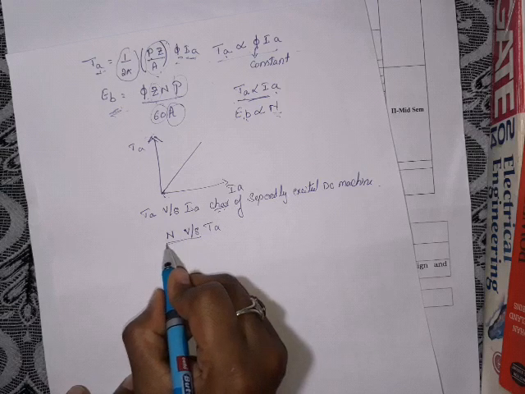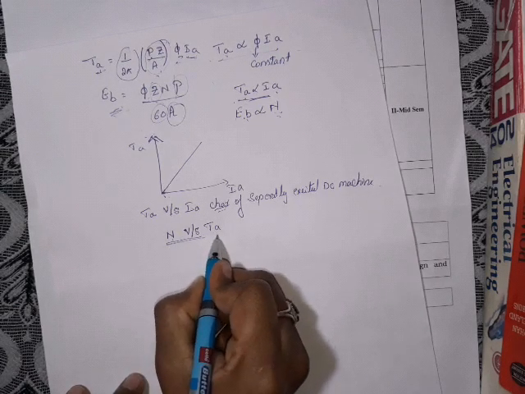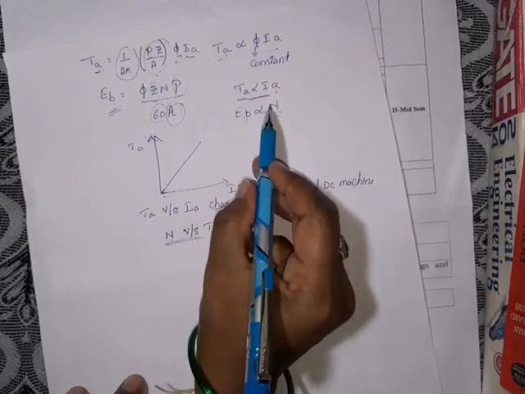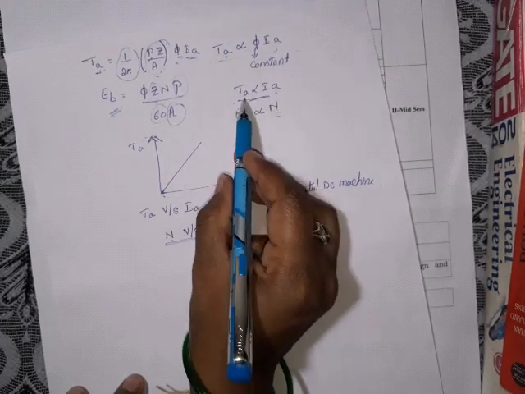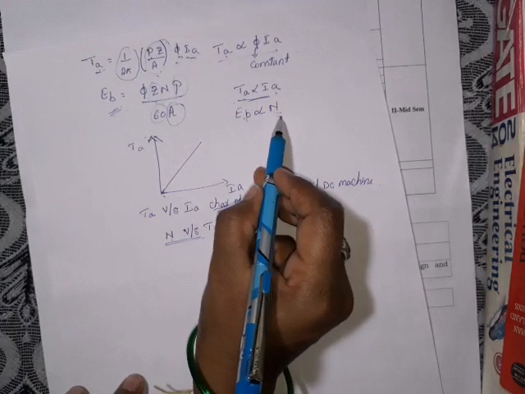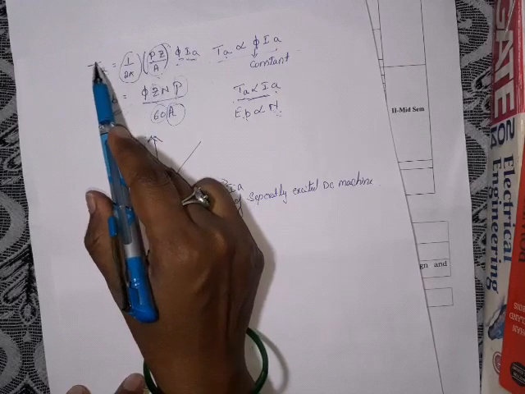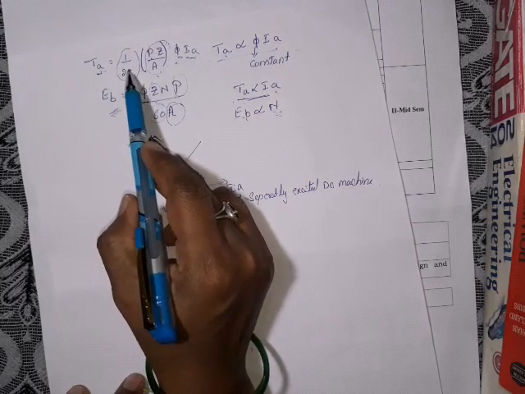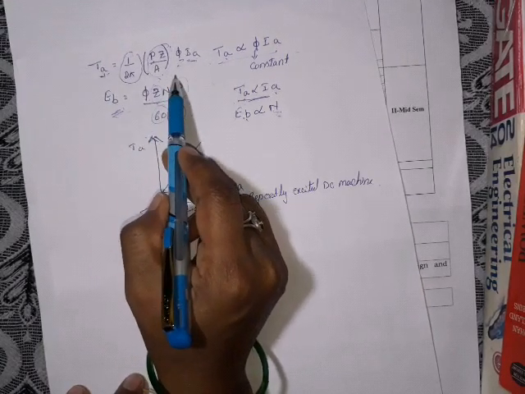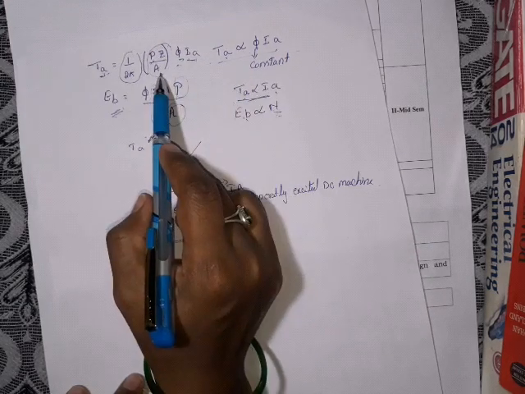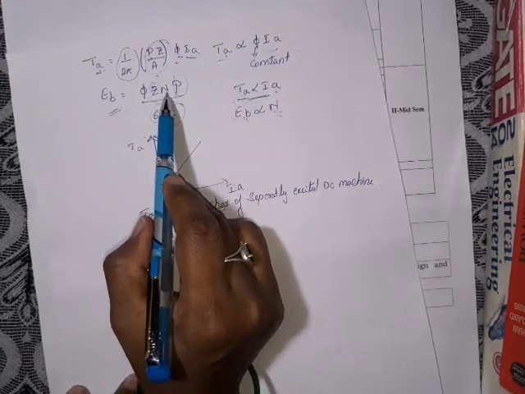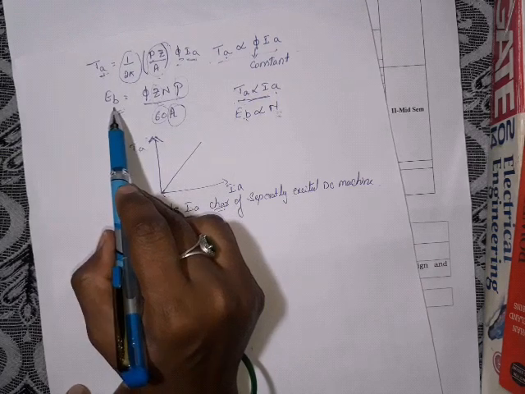But I want the characteristics between N and TA, where N and TA are nowhere connected with each other. See the formula of armature torque. We do not get anything regarding N. It is free from N. N is related to EB.